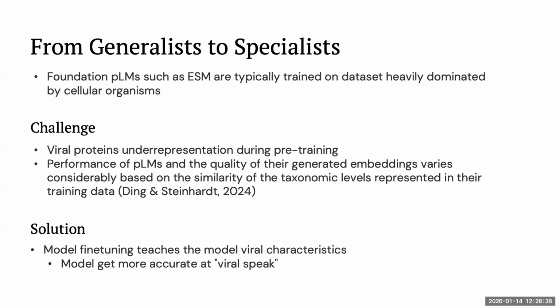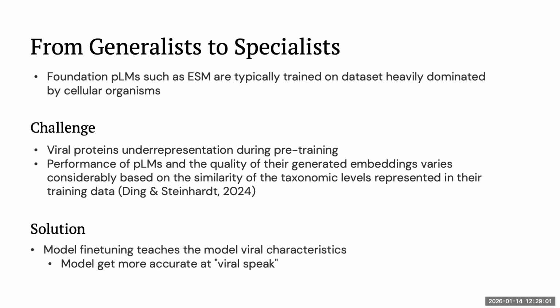They're trained on data sets that are heavily dominated by cellular organisms. So essentially, viral proteins are way underrepresented in this data set, and the model does not get to see a lot of viral sequences, so it does not understand viral speak, right?